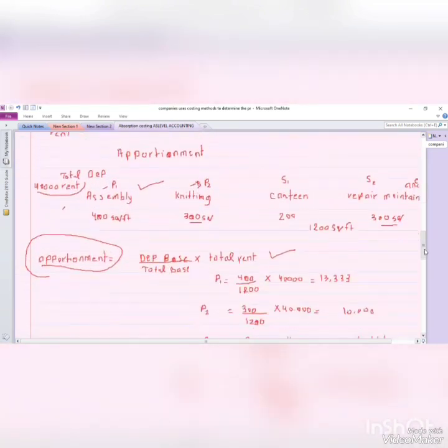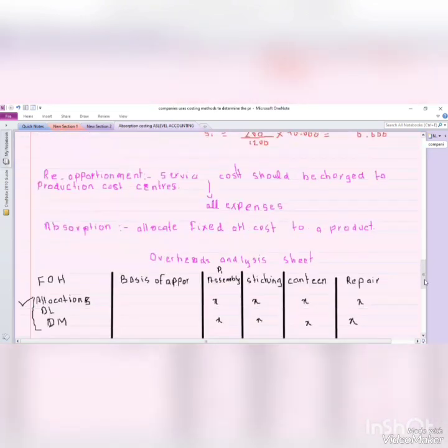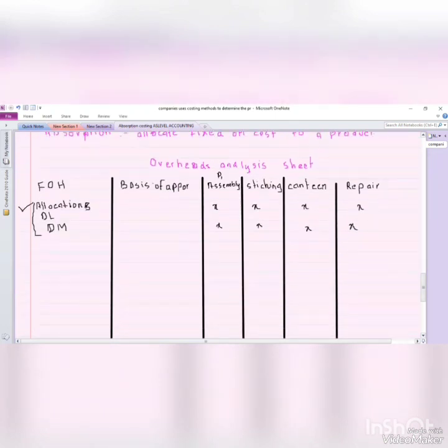We are going to discuss apportionment now. The second step of absorption costing is apportionment.